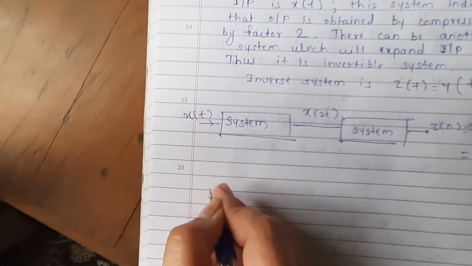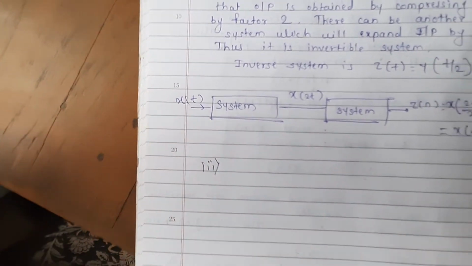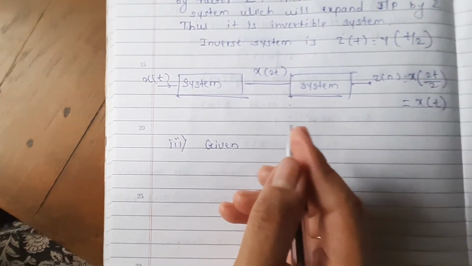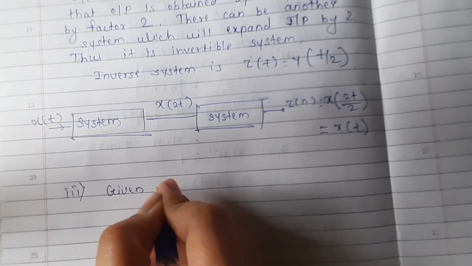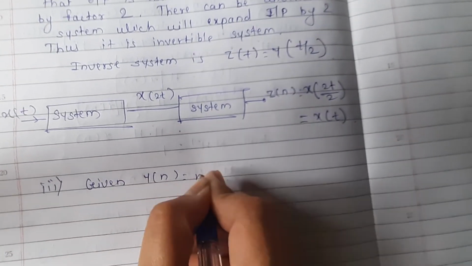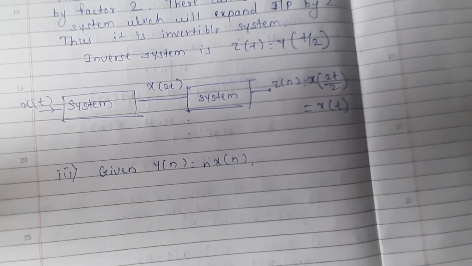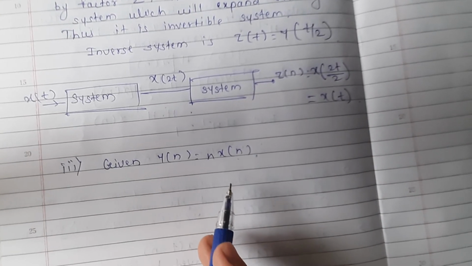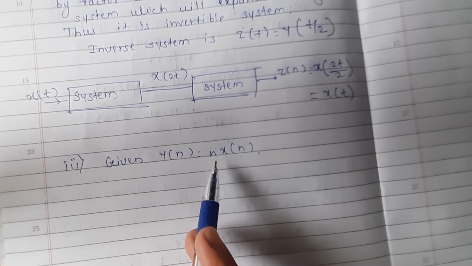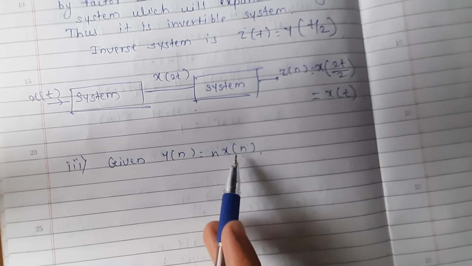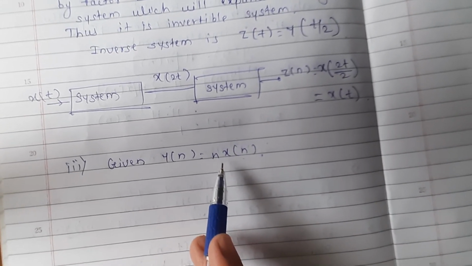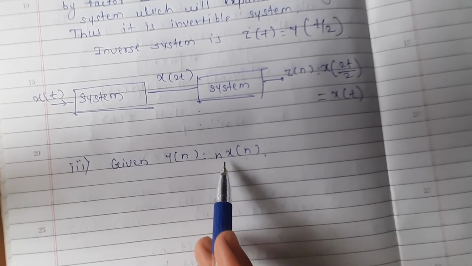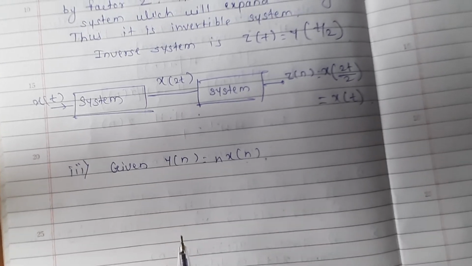Now the third problem, what is given is y of n is equal to n into x of n. So this indicates that x of n is the original signal, and it is multiplied by n. So to get the original signal at the output, we have to divide it by n.